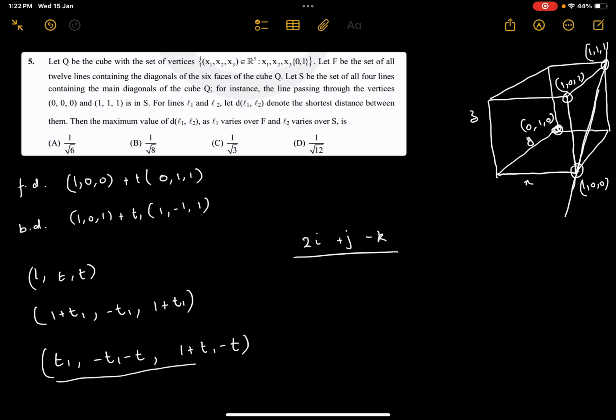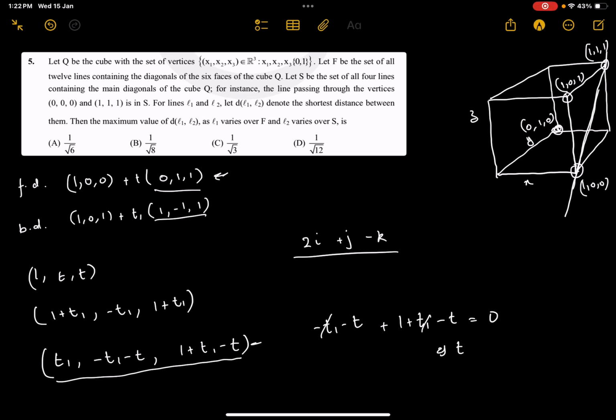This should be perpendicular to both these vectors, which gives us, say, the dot product of this with this vector gives us minus t1 minus t plus 1 plus t1 minus t equals 0.